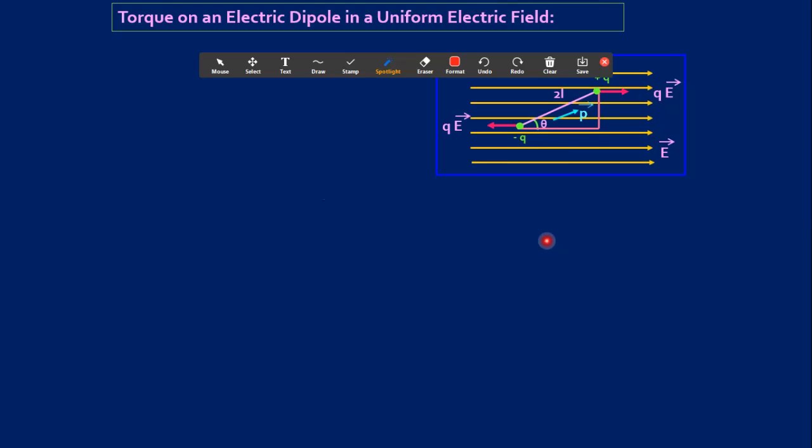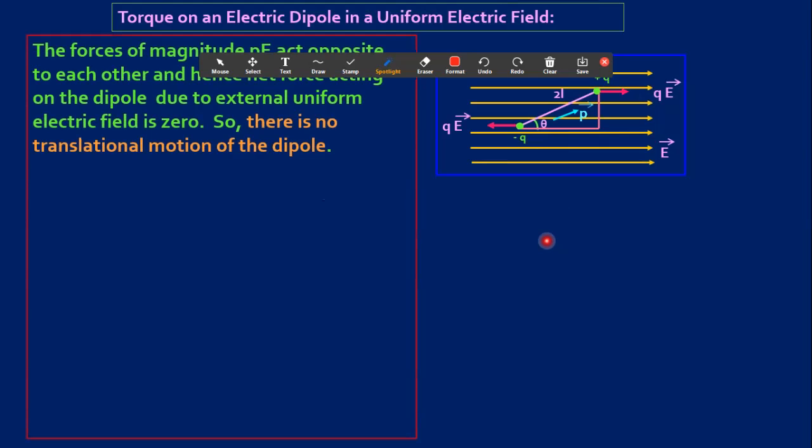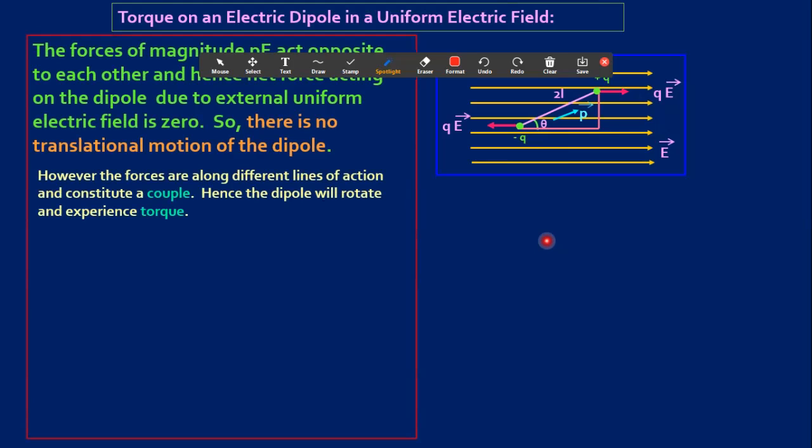Boys, torque means rotational force. However, the forces are along different lines of action and constitute a couple. Hence, the dipole will rotate and experience torque. Torque is the product of force and perpendicular distance.